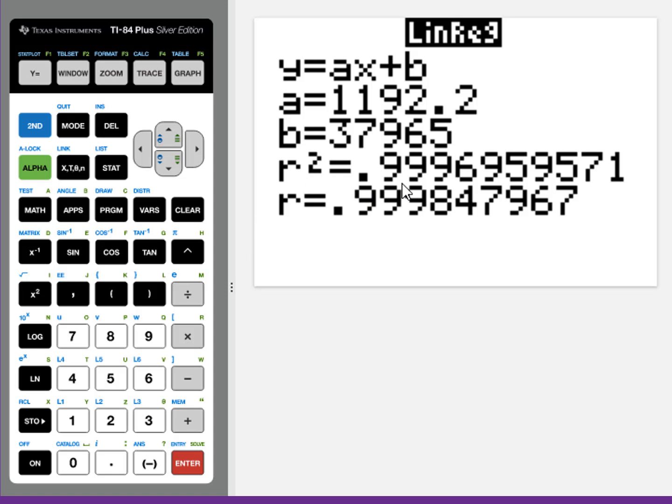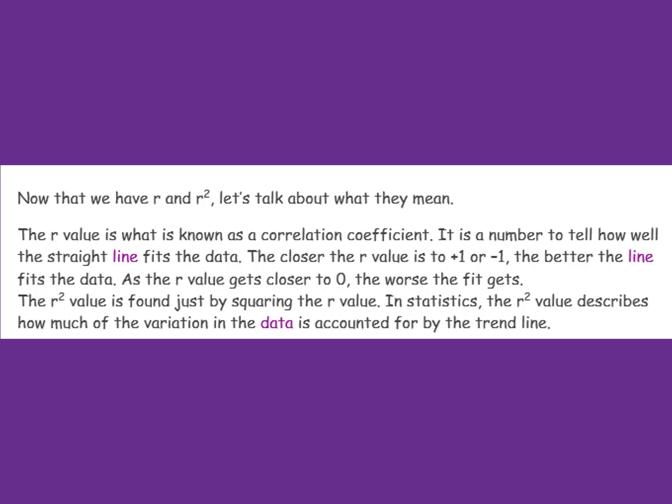You got the R squared, that's 0.9996. R equals 0.999847. Now that we have R and R squared, let's talk about what they mean. The R value is known as a correlation coefficient. It's a number to tell how well the straight line fits the data.